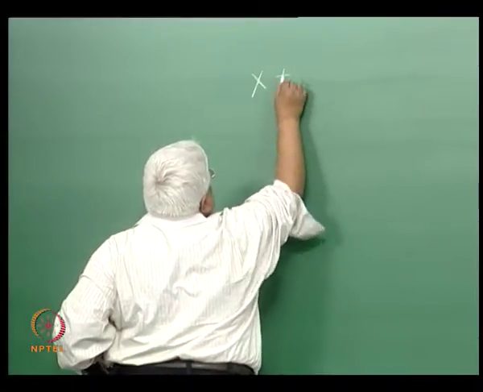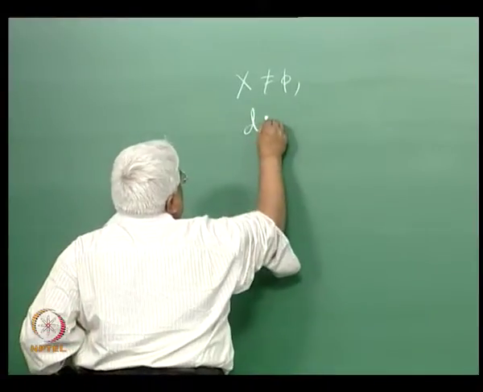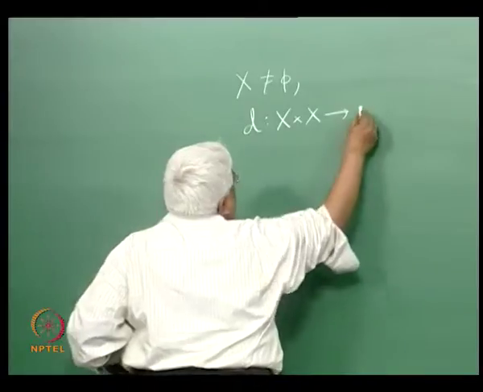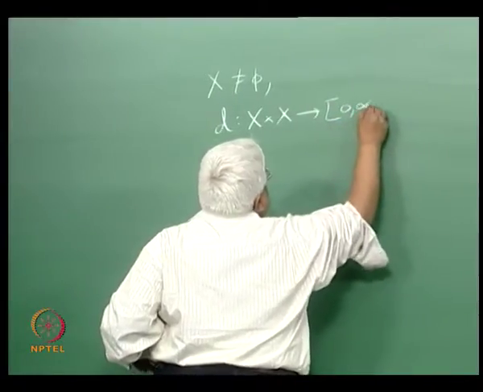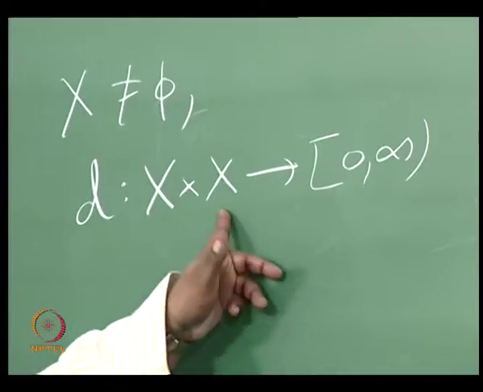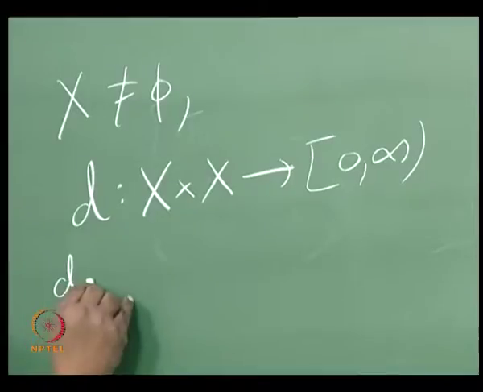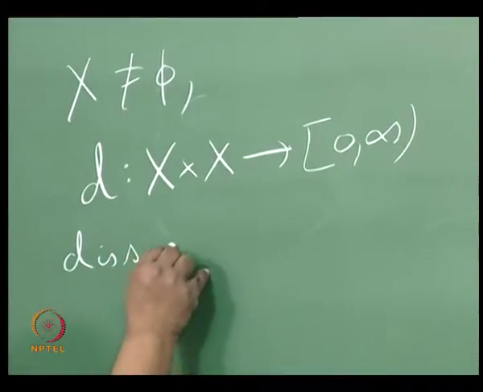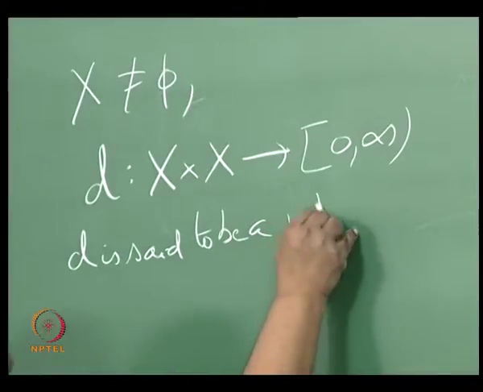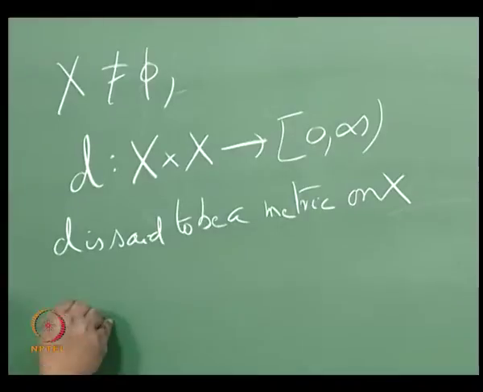Let us say X is a non-empty set and D is a function defined from X cross X to 0 to infinity, and D is said to be a metric on X if the following hold.